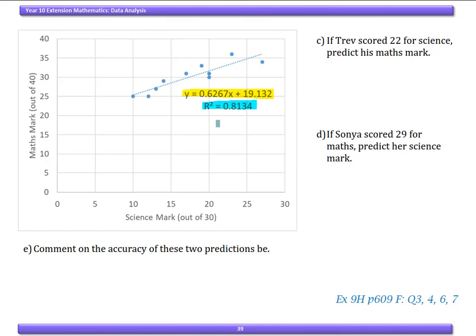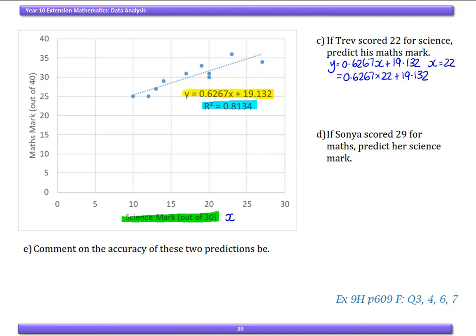So it says if Trev scored 22 for science, predict his maths mark. Now science is on our x-axis. So science is x. So we've got y equals 0.6267x plus 19.132, and we have x is 22. So that's going to be equal to 0.6267 times 22 plus 19.132.